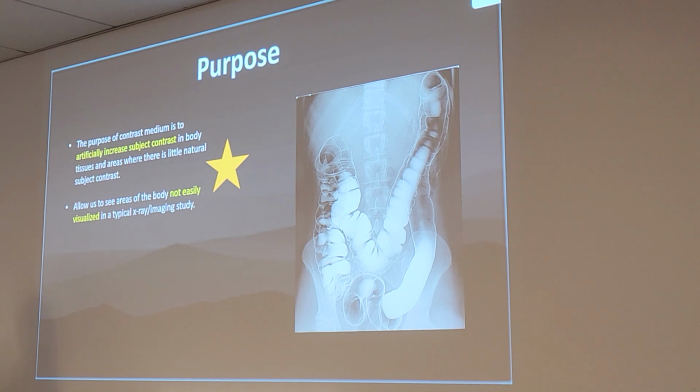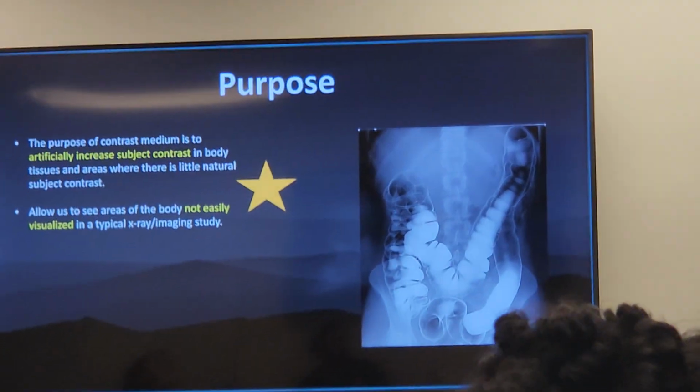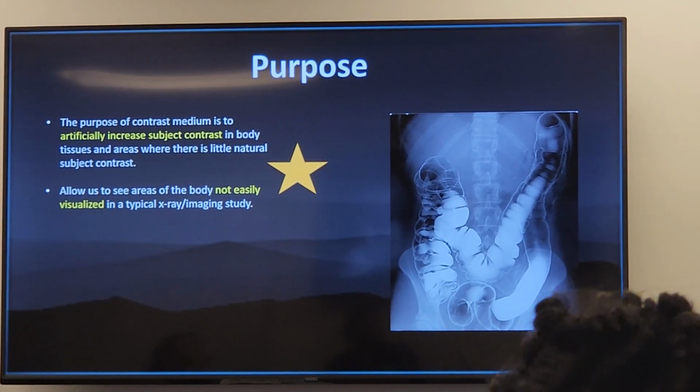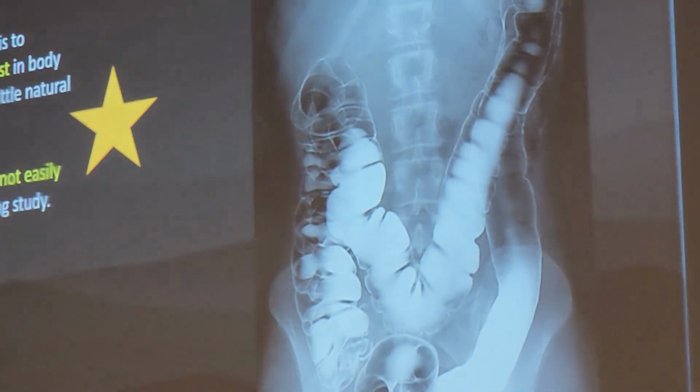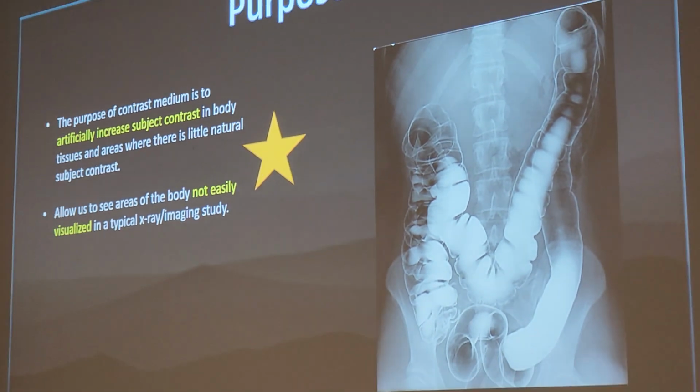Why do we introduce the medication known as contrast to the body? The main purpose of contrast, we should know this, that's why there's a big gold star there, is to artificially increase subject contrast in body tissues and areas where there's little natural subject contrast, or, as we said before, into organs that are naturally translucent on x-rays. That allows us to see areas of the body that are not easily visualized in a typical x-ray imaging study, like the colon you see right there.